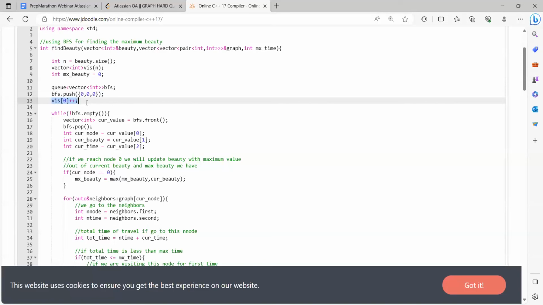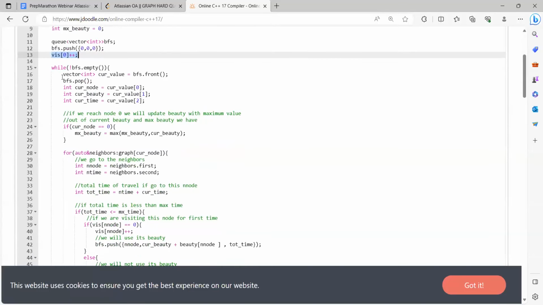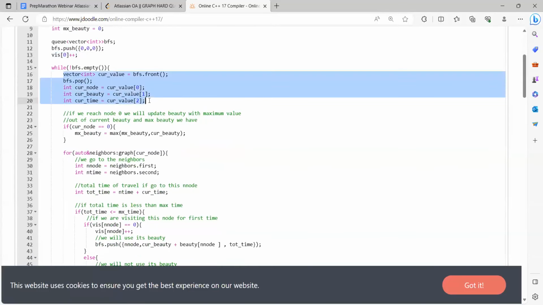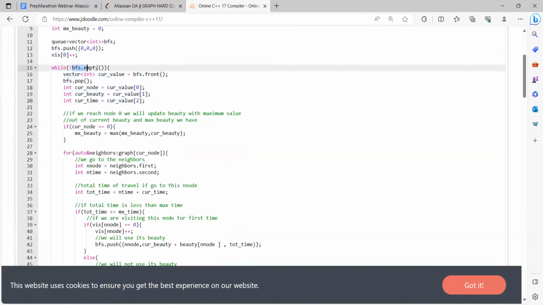We'll get the beauty points only the first time we visit. Now this is the normal breadth first search pattern. You'll keep on doing it until your queue is empty. We use a queue for breadth first search and a stack for DFS, depth first search. We use recursion, which is nothing but based on stack only.